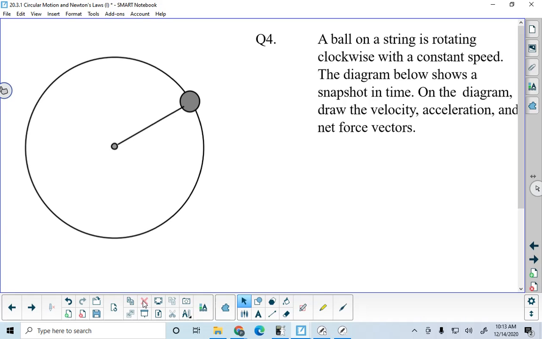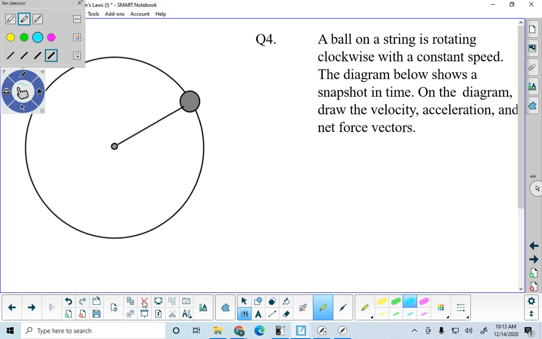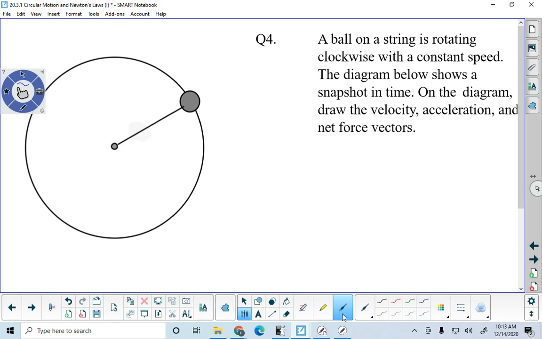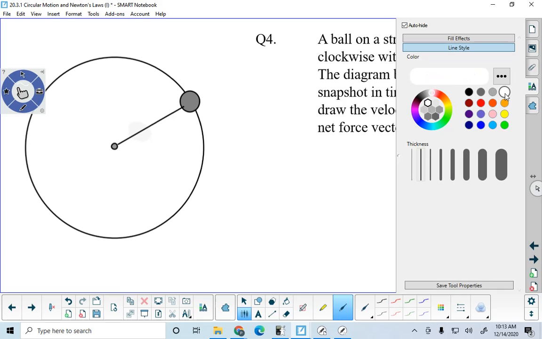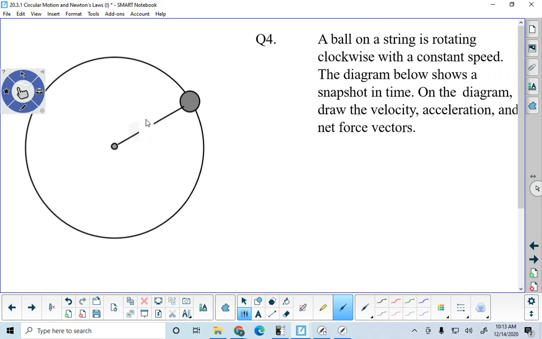And the question is this: I'm twirling this around, twirling it, twirling it, twirling it, and at this instant in time, the string breaks. The question is, and I got this wrong the first time it was asked of me, where does the ball go when the string breaks?